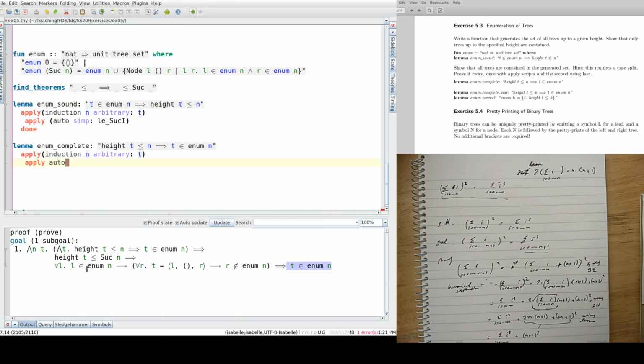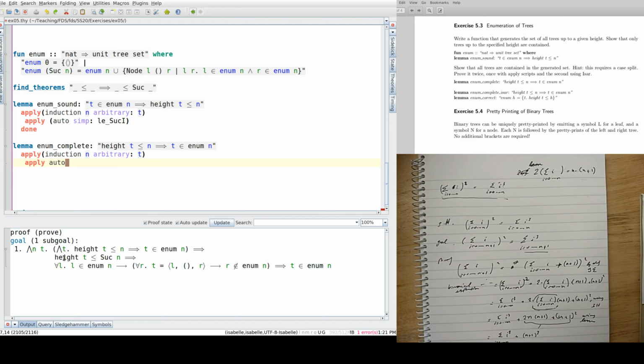And the other case is when t is a tree with two subtrees, like this one. Okay, so then the two subtrees will have height less than or equal to n. So both of the subtrees will be in the enum of n. And then we have here, look into this assumption.